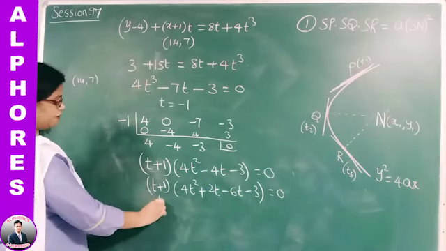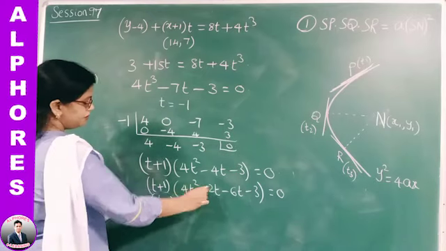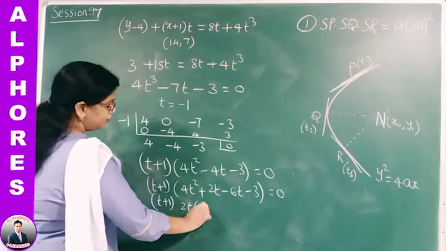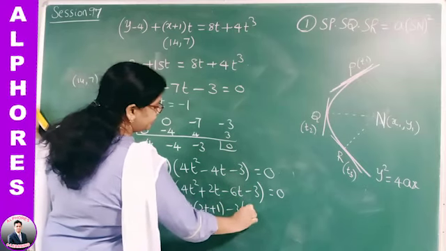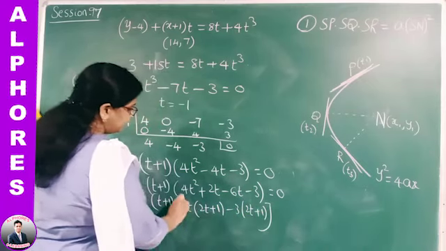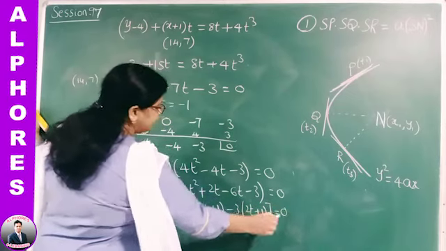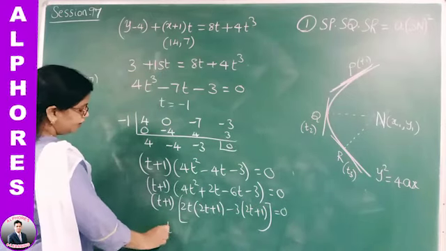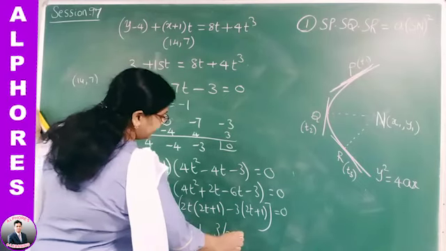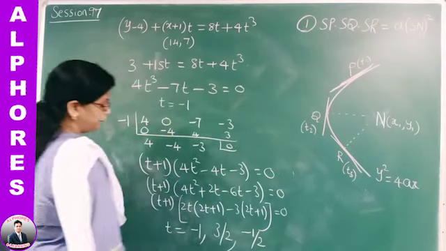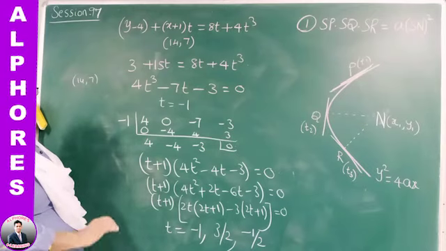And this is t plus 1 into, from these two if you take 2t common, 2t plus 1, and here minus 3 common, it is 2t plus 1. So what are our slopes, students? That means t values finally. t equal to minus 1, and the other one is 3 by 2, and next one is minus 1 by 2. So these are the t values you got.